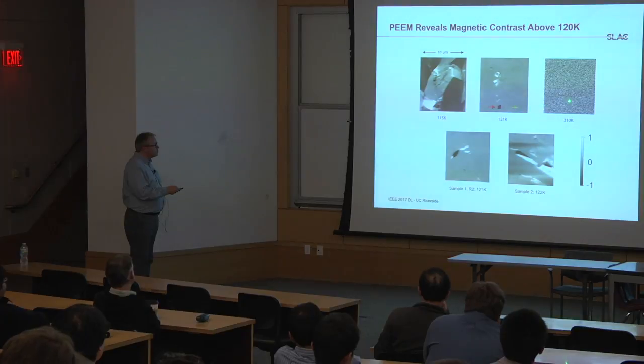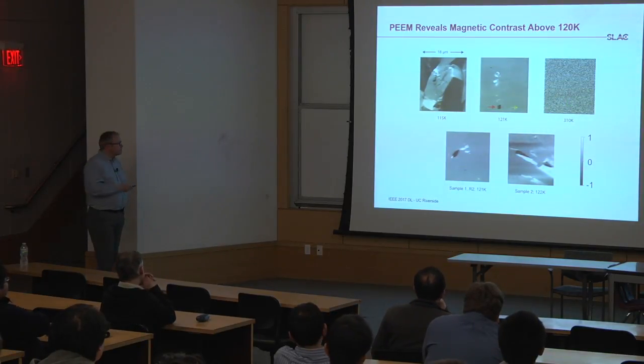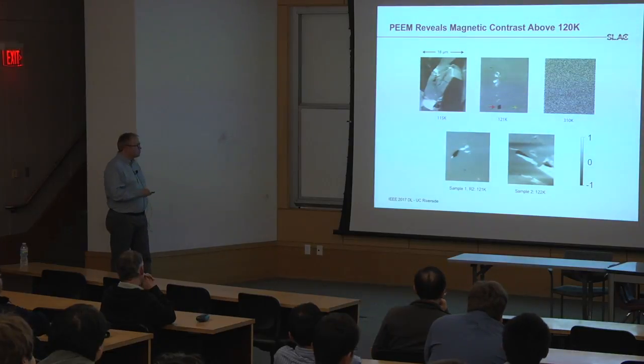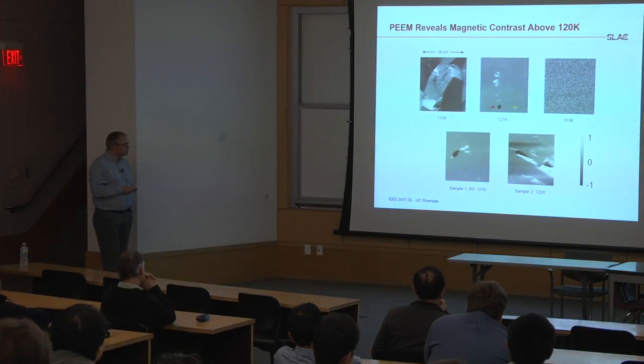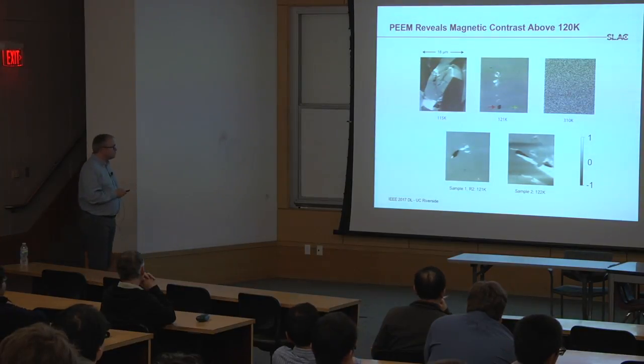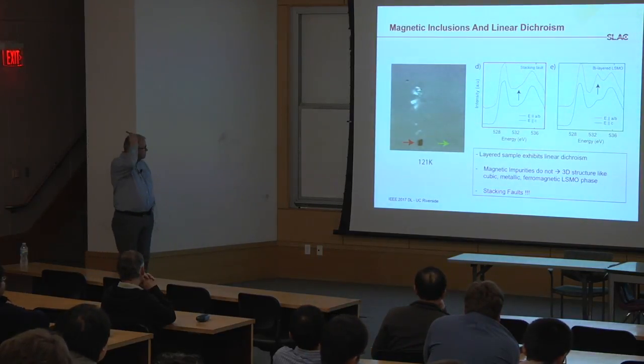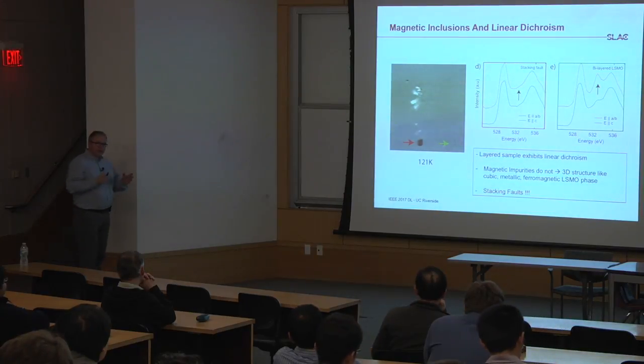And this contrast only vanishes above 300 Kelvin. We had different samples from different growers, and we asked them to make these samples for us, because you never know how the sample preparation may affect this. We found the same behavior on all different samples to different extents. So that's for the magnetism.